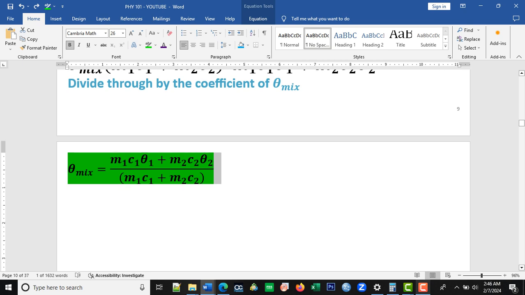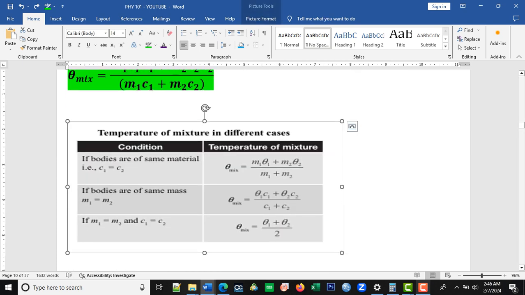Now, in a situation where you have common terms, like the specific heat capacities are equal on both sides, then the expression reduces to θ mix equals M1 θ1 plus M2 θ2 all over M1 plus M2.